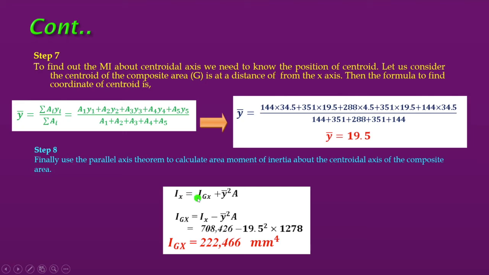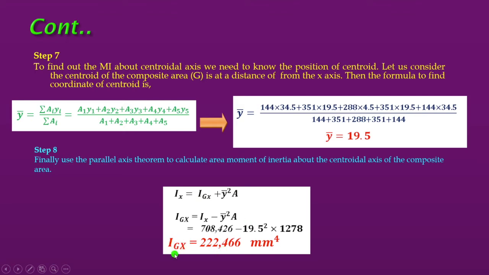We have to find Igx of the entire section. We know the total area A, that is equal to A1 plus A2 plus A3, A4, A5, and y bar you have just calculated. So finally, using these equations, substitute all these values and Igx equals Ix minus y bar square A, and we are getting Igx.